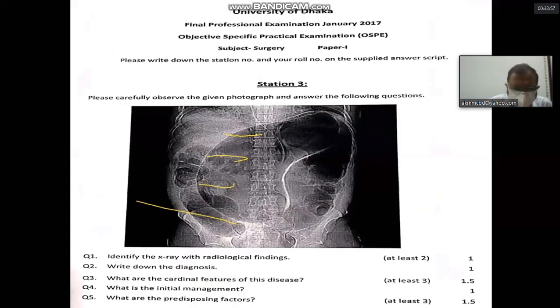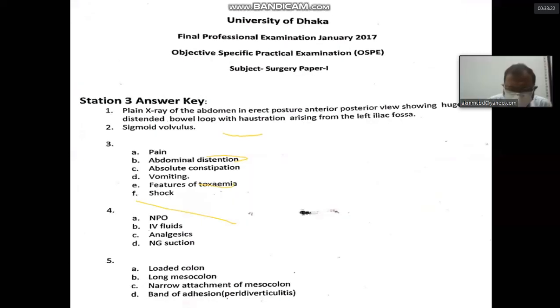So if the question is, what are the cardinal features of the sigmoid volvulus? How will the patient present to you? If the patient has sigmoid volvulus, what will be the clinical features? Pain. Say abdominal pain.